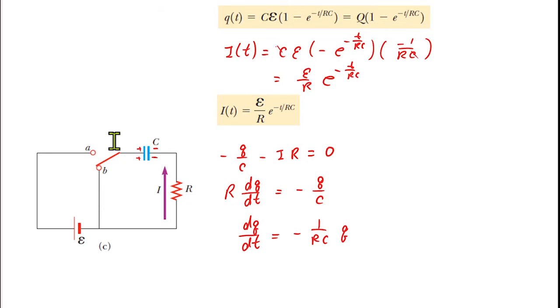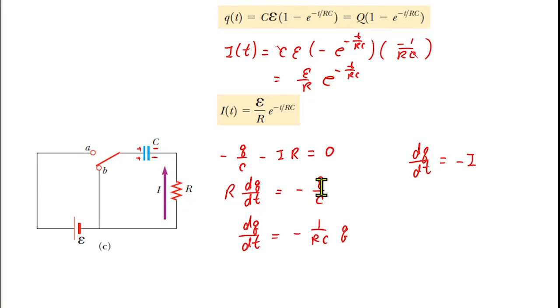Really, remember I said dQ/dt is equal to I, right? That is for a regular circuit when you're charging a capacitor. When you're discharging a capacitor, it has to be opposite. You know what I'm saying? So really this is a double negative sign.